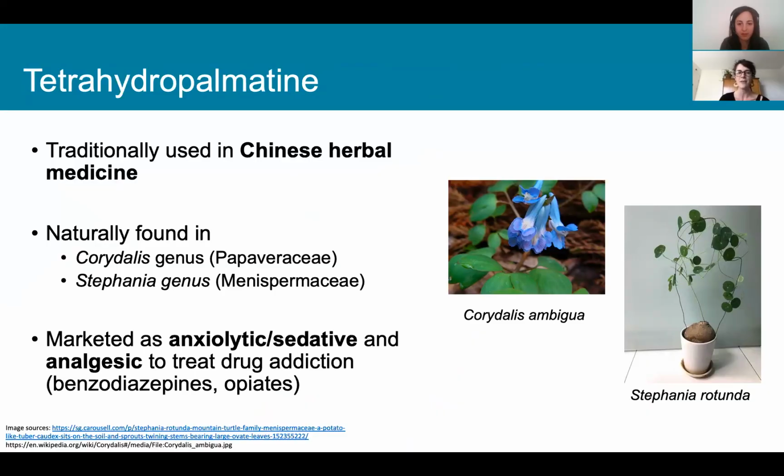And yeah, it's also currently on the market, and it's used as anxiolytic and analgesic to treat drug addiction from benzodiazepines and opiates. So we found that this was a good target, and then we tried to engineer yeast to produce this compound.